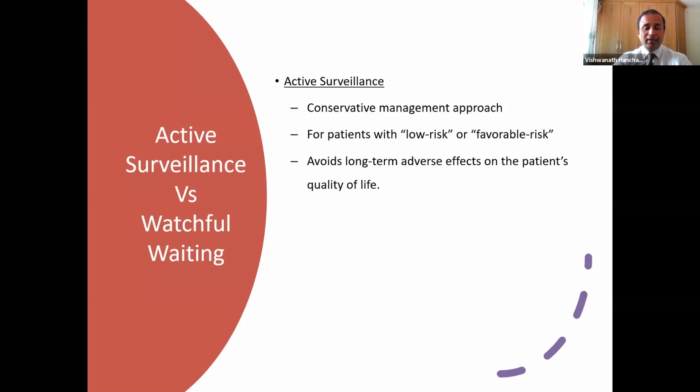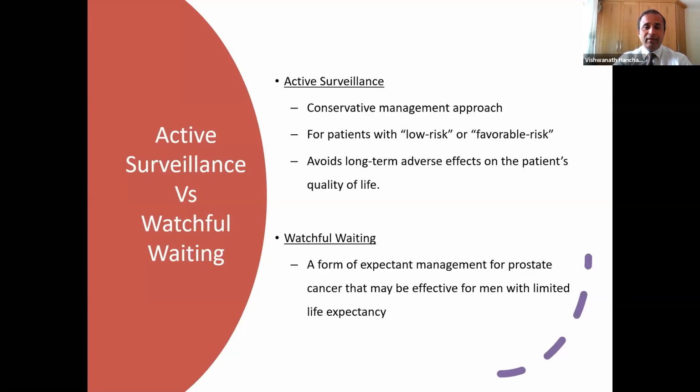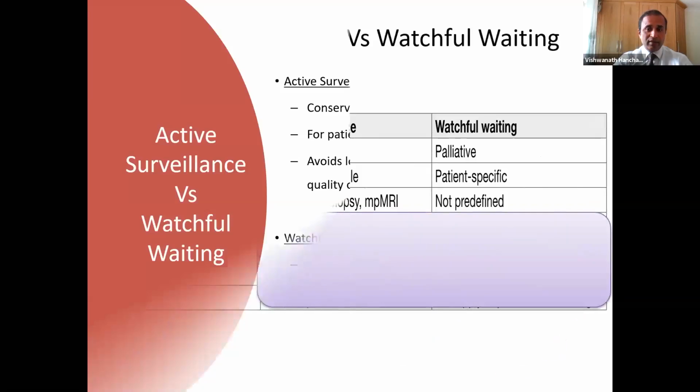I would like to highlight the point that active surveillance is not completely cancelling the treatment, it is delaying or monitoring them actively. On the other hand, watchful waiting is essentially a treatment offered for men with a limited life expectancy. So these are the two essential differences between active surveillance and watchful wait.